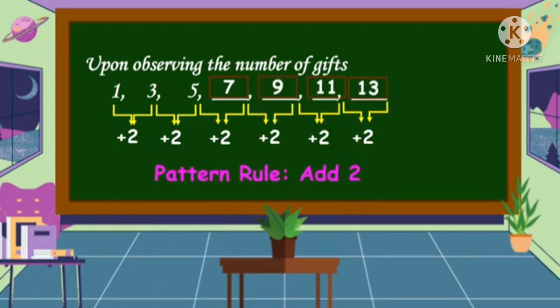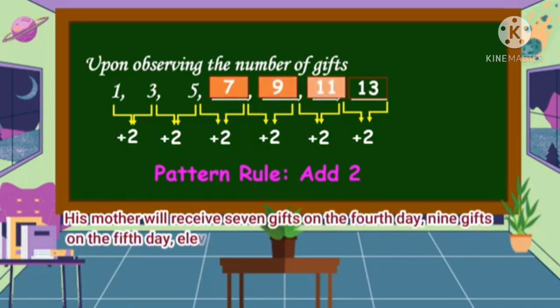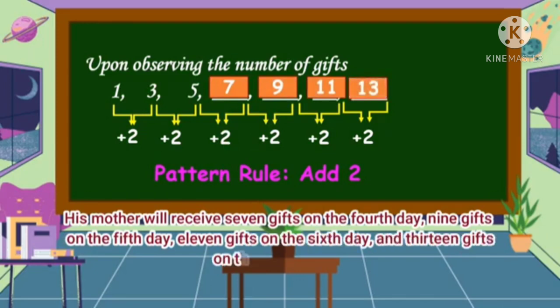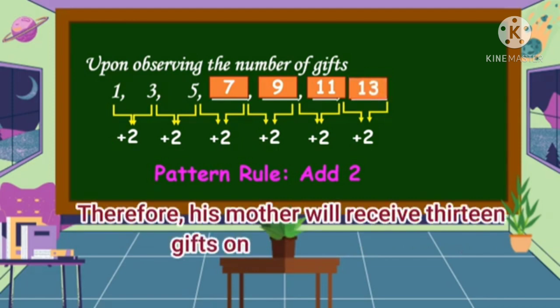The pattern rule is add 2. His mother will receive 7 gifts on the 4th day, 9 gifts on the 5th day, 11 gifts on the 6th day, and 13 gifts on the 7th day.